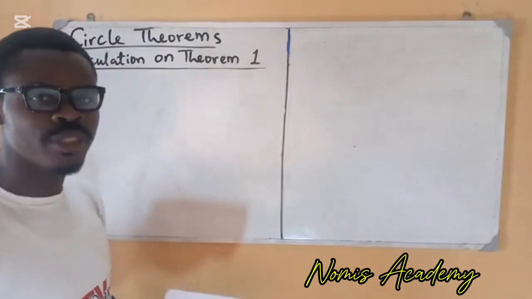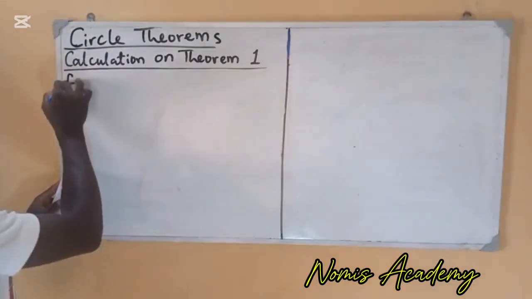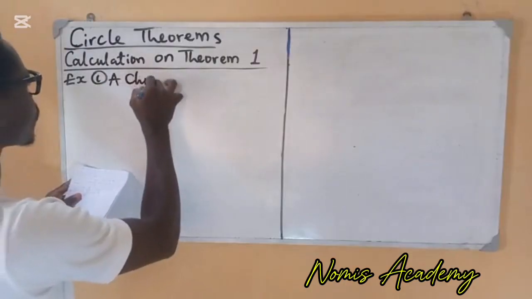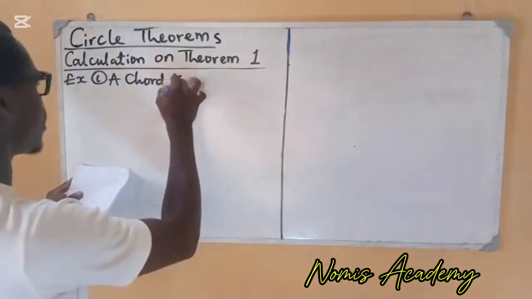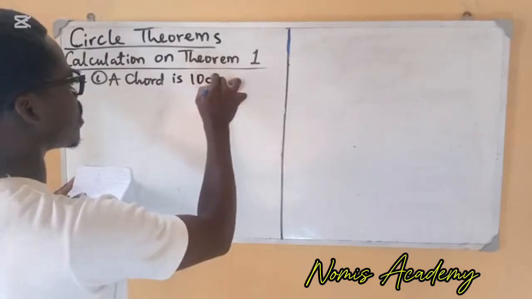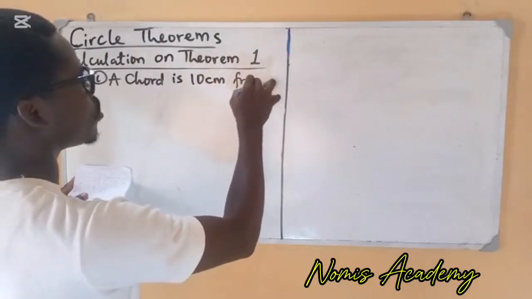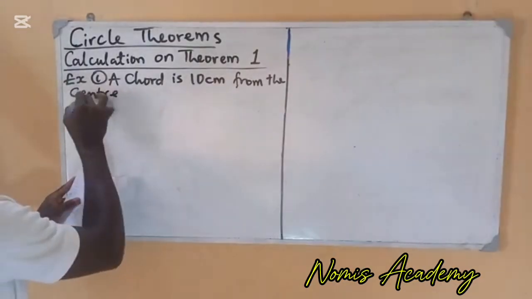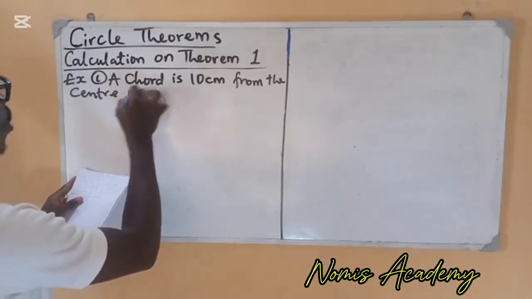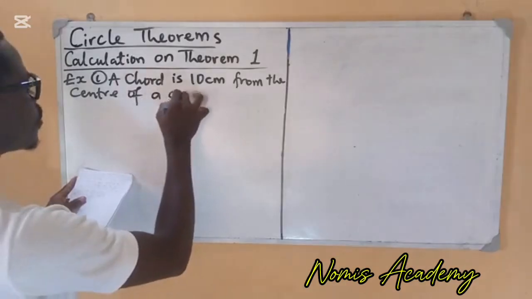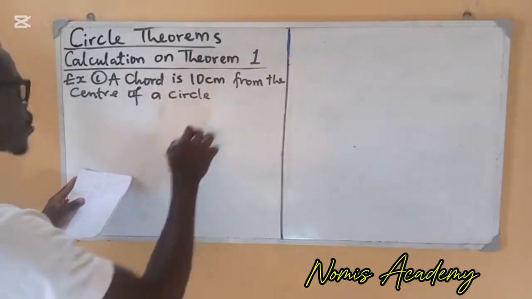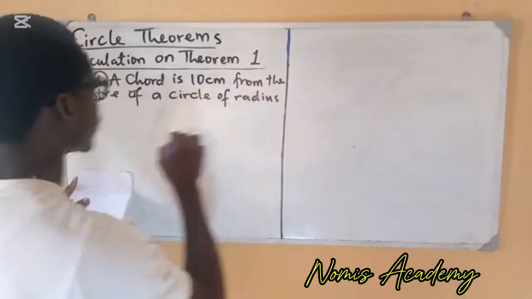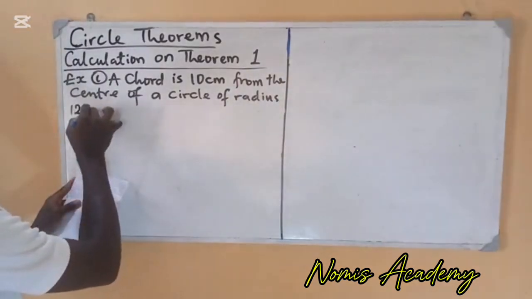So let's pick the first example. Example 1. A chord is 10 centimeters from the center of a circle of radius 12 centimeters.